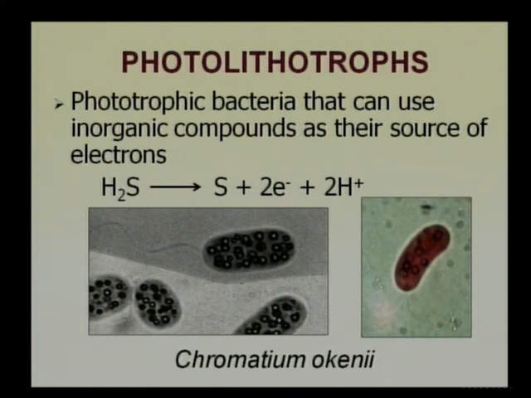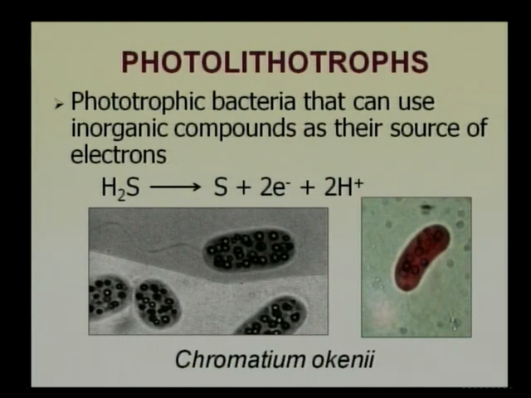Now we go for photolithotrophs. Here two things are combined, the source of energy as well as the source of electron donor. Photolithotrophs are phototrophic, so they rely upon radiant energy, and at the same time they can use inorganic compounds as their source of electrons.